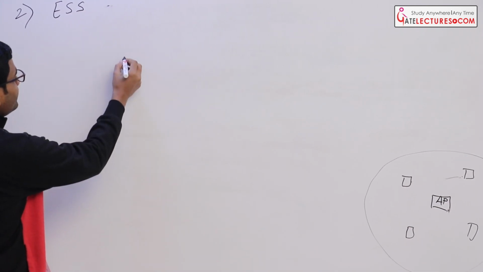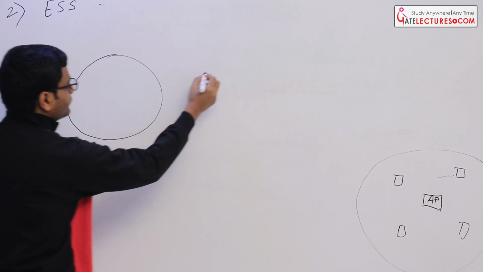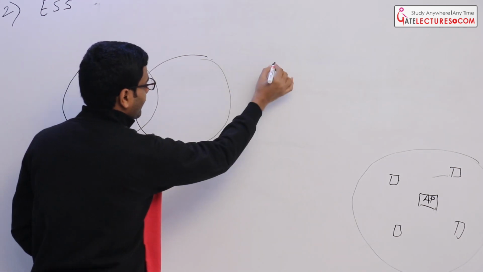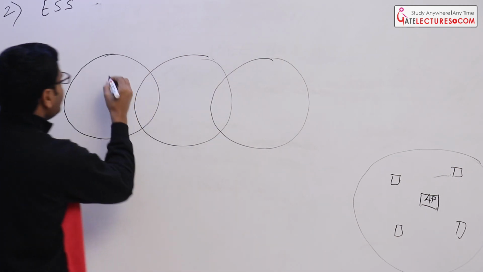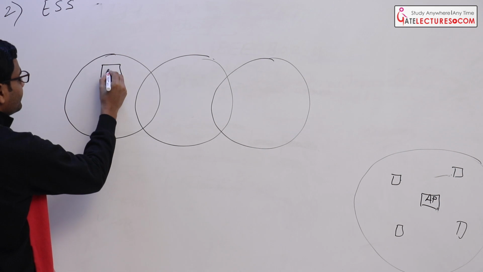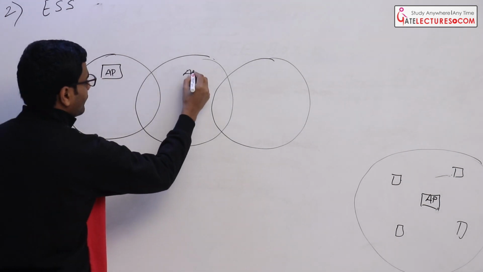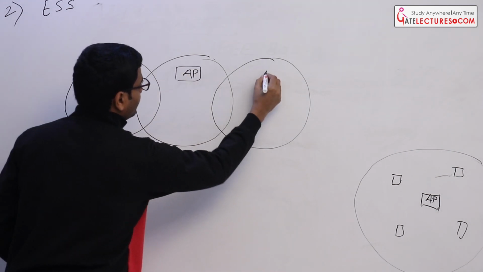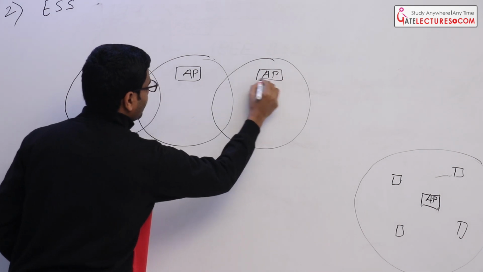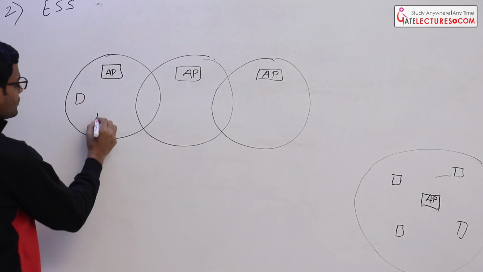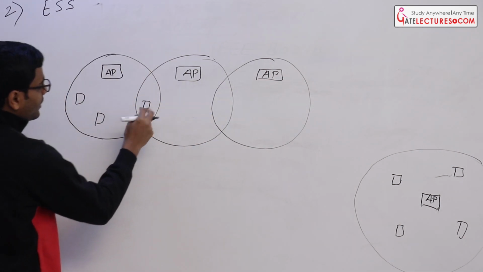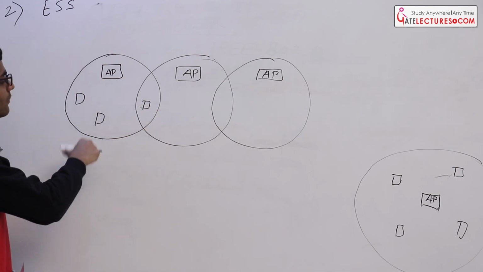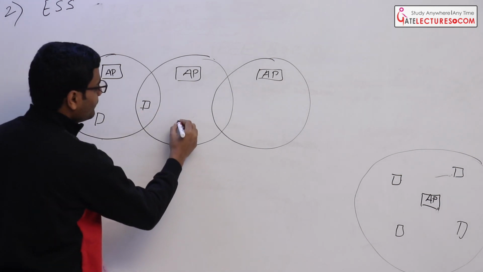So what we do is, we have multiple BSS, and all of these BSS have an access point. And there are various stations. Now a station can be a part of one or two BSS, that's not a problem.